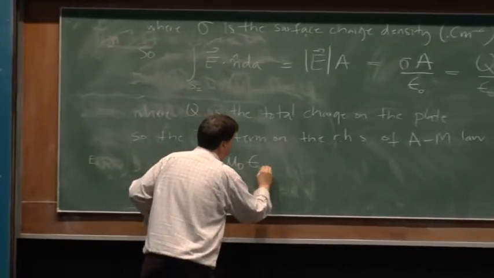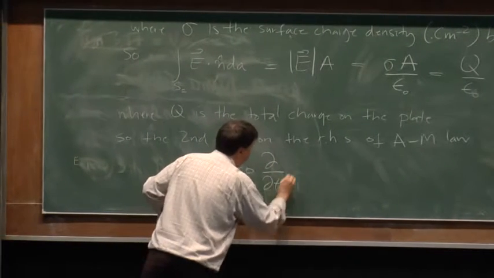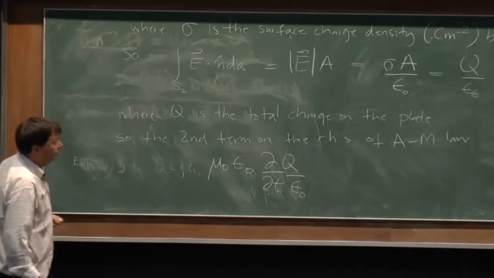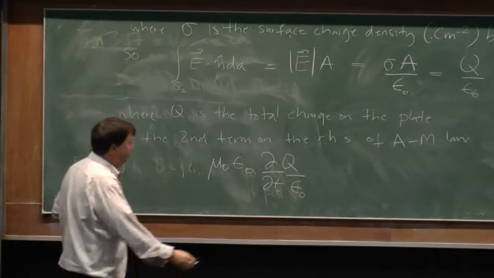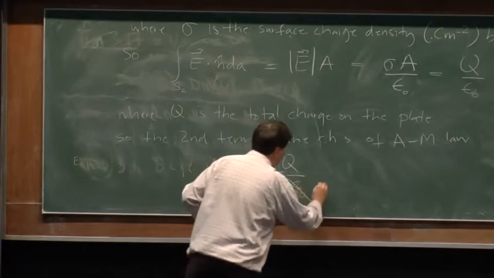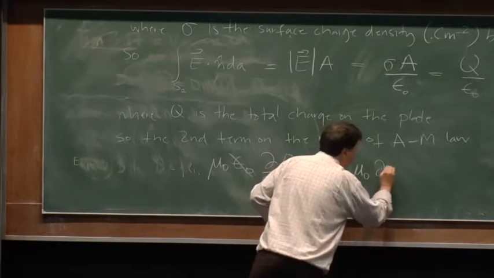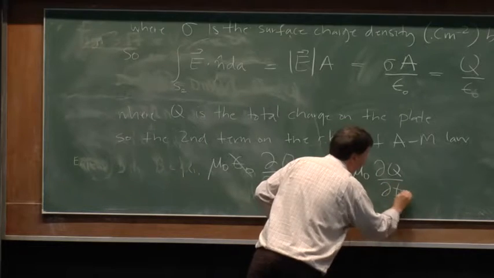Of course the epsilon naughts cancel, so it's just equal to mu naught dQ by dt.